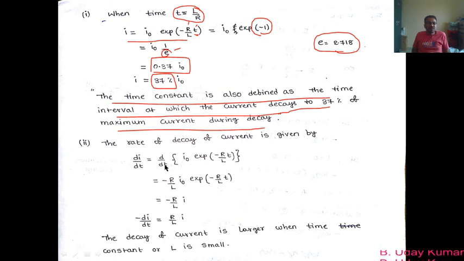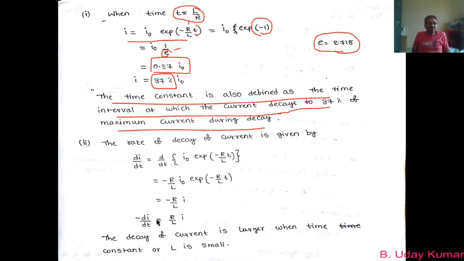The differentiation of exponential is exponential, and the exponent is again differentiated with respect to time. If I do so, I get minus R by L as a coefficient. So I0 exponential minus R by L into t is nothing but I. Just substitute it as it is, so you get minus R by L into I. If I send this minus to the left hand side, I get minus dI by dt is equal to R by L into I.